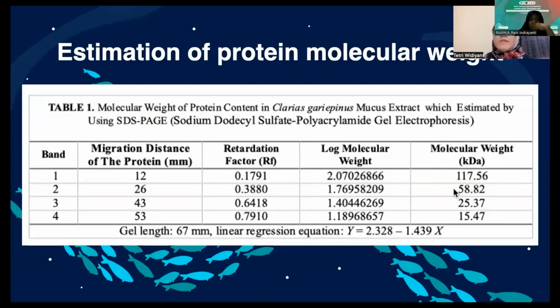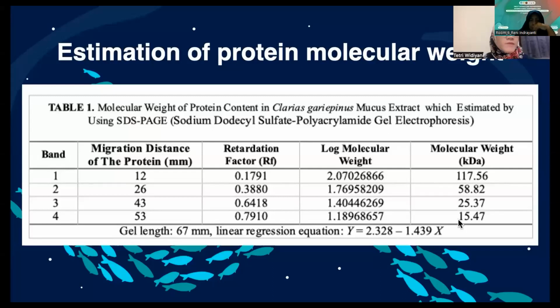117. The second protein has molecular weight 58. The third protein has molecular weight 25, and the fourth molecular weight is 15.